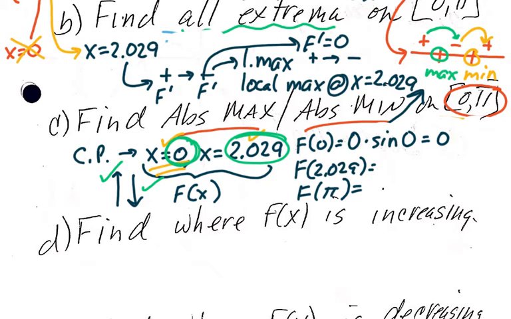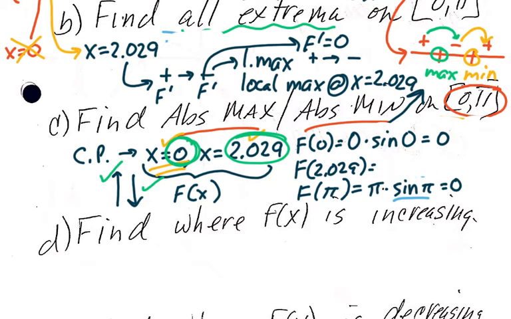I don't know how to plug that in by hand, except just literally write out 2.029 sine of 2.029. So I think I'm going to use a calculator and cheat a little bit, because that's hard. But how about f of pi? That's going to be pi times the sine of pi. Now, pi is just pi, but I know that the sine of pi in my unit circle is also 0. So 0 times pi is, again, 0.